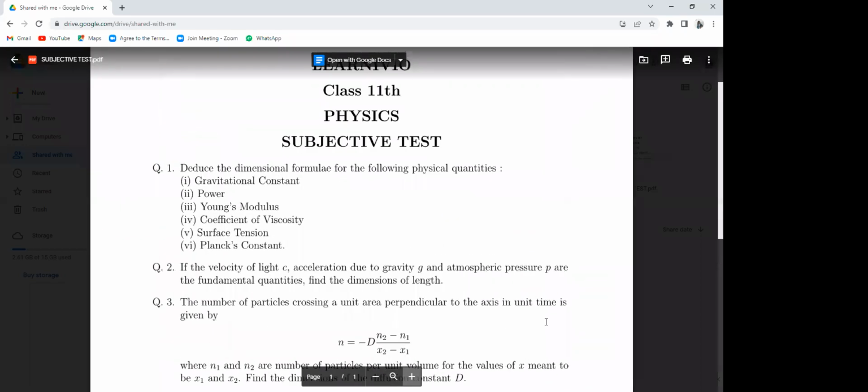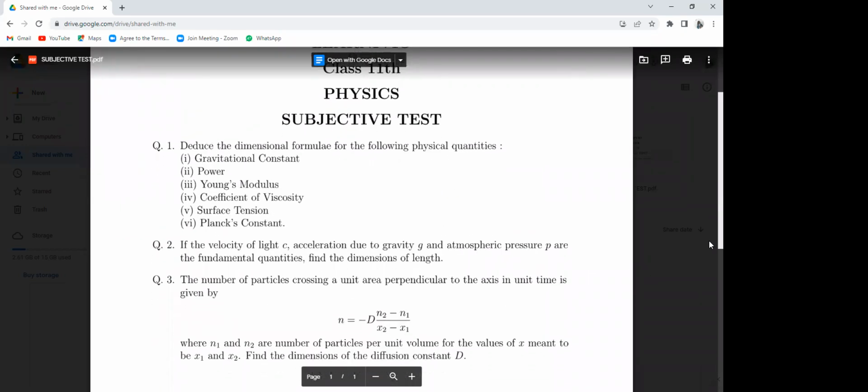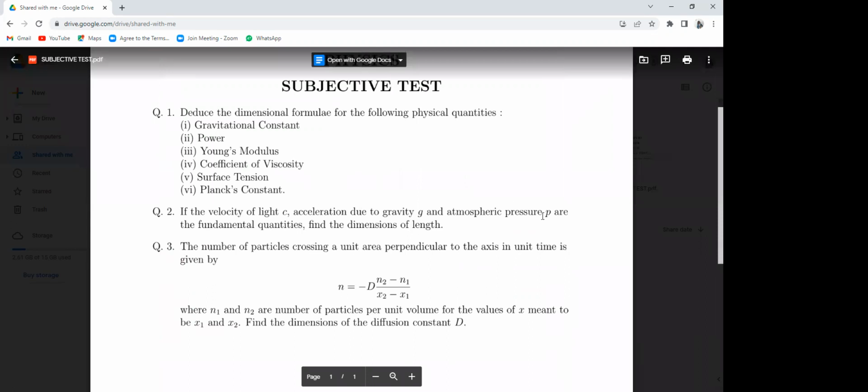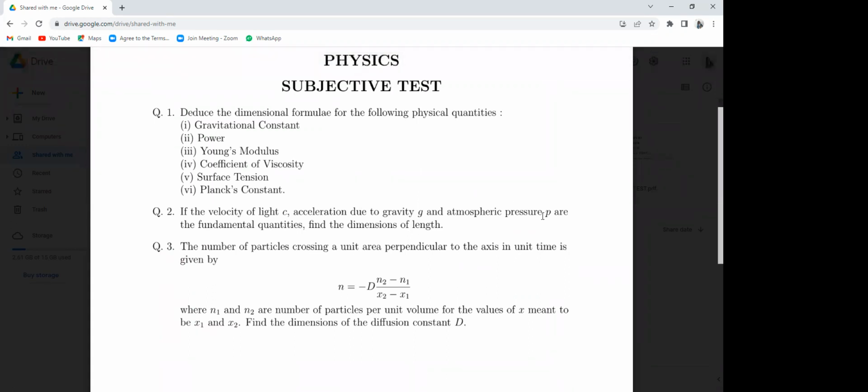Where we had derived the formulas using it. Okay, ma'am. C, G, and P, these are fundamental quantities. It means instead of MLT, the way we take M to the power x, to the power y, to the power z is equal to L, you have to do. So new dimensions of length, not the old dimensions that you already know. Okay.